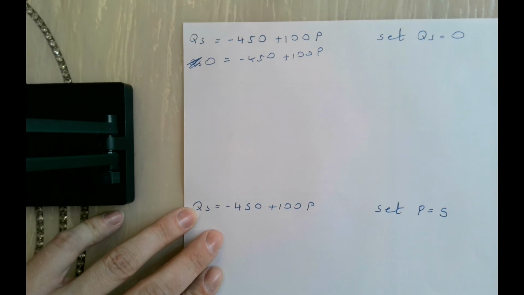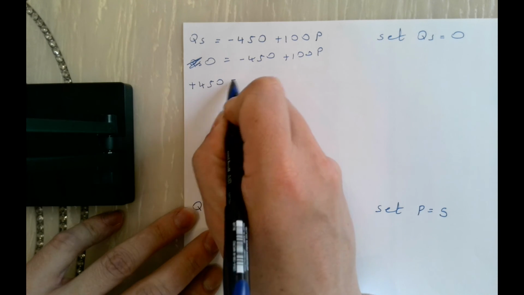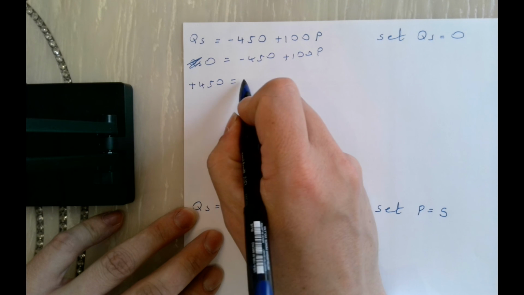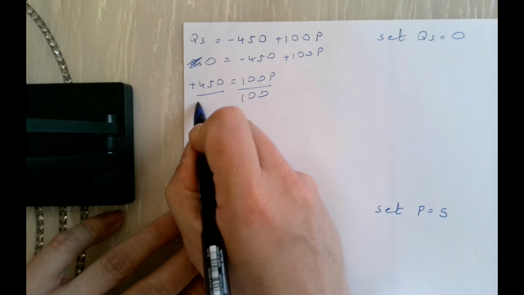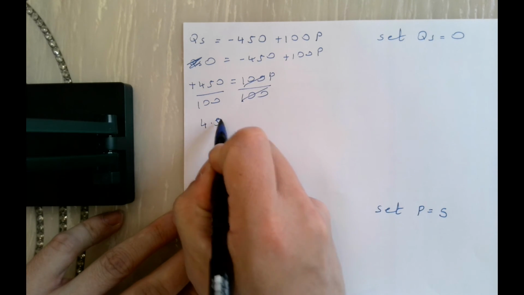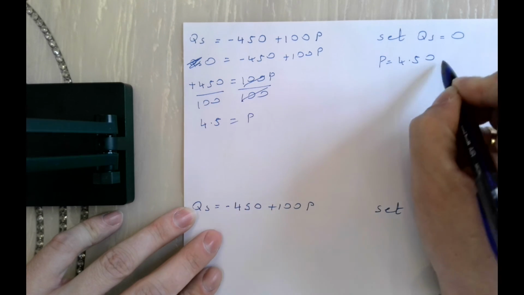Bring the 450 over, plus 450, because you change the sign as you bring it over the equal sign, equals 100p. We divide both sides by the number before the letter we're trying to find, and we get 4.5 equals p. So p equals 4.5, and then QS equals 0.